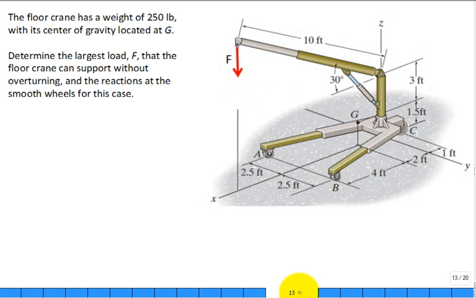So I have a floor crane. It has a weight of 250 pounds with its center of gravity at location G. So I look for the location G in my illustration. So at this point G acting down, but you say G looks like it's floating in the air and isn't in the middle of a chunk of metal.